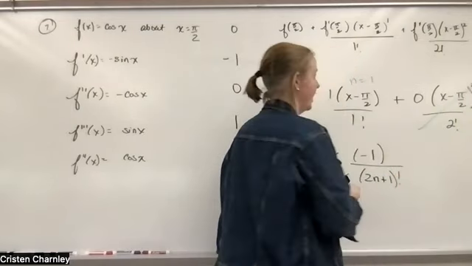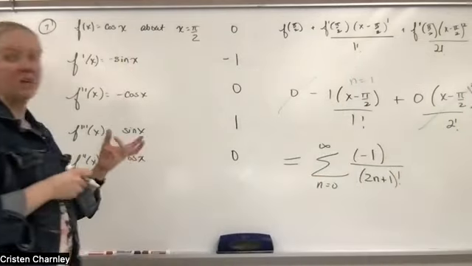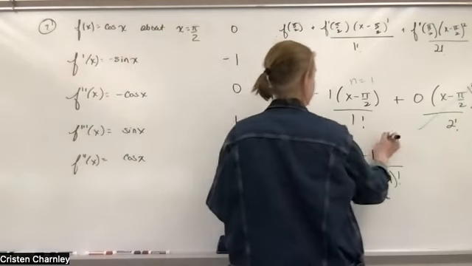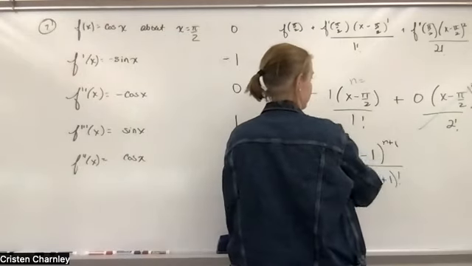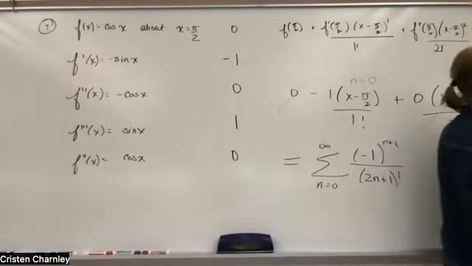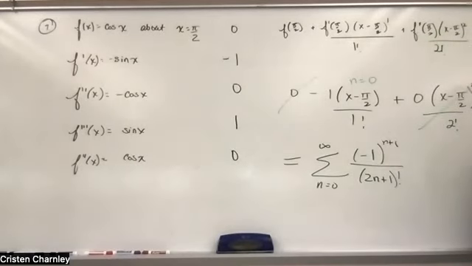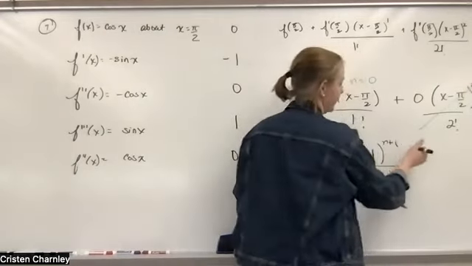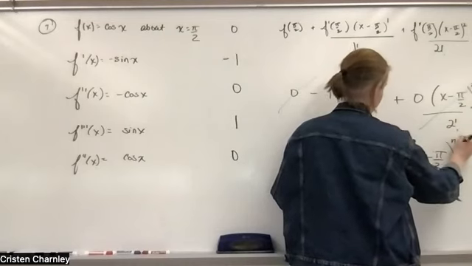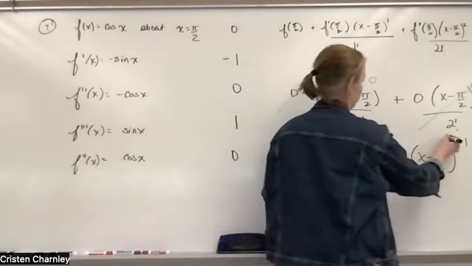Or K, you're using K again, same thing. -1 to what power? +1. This one. Yes. Give it a try. And then one last thing here, you would have your x minus pi over 2, to the 2n plus 1.